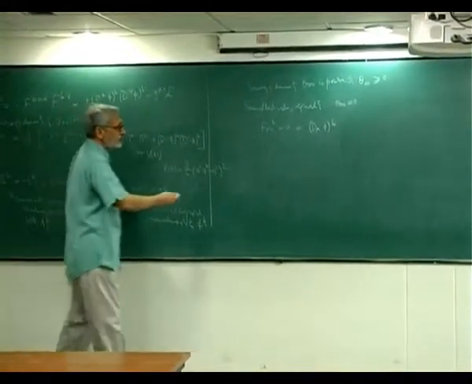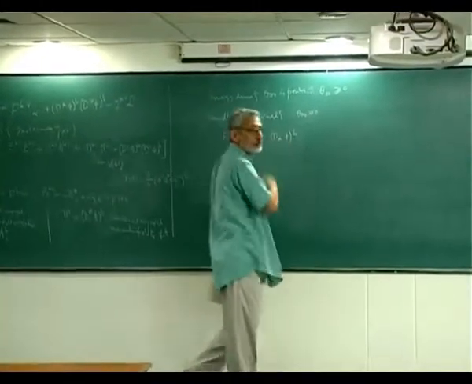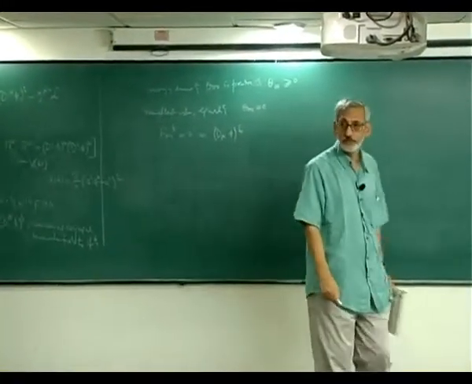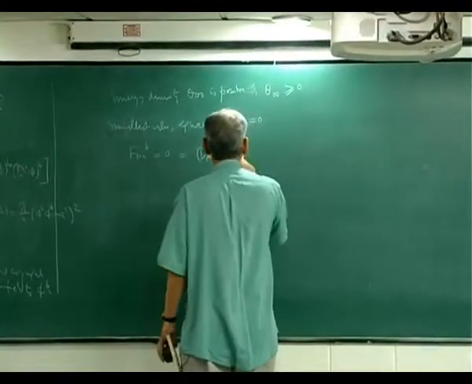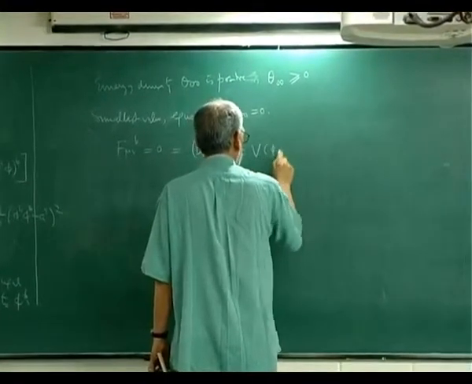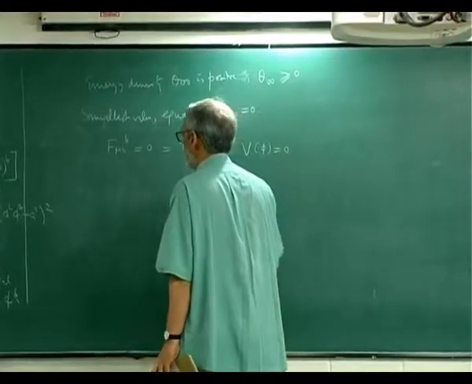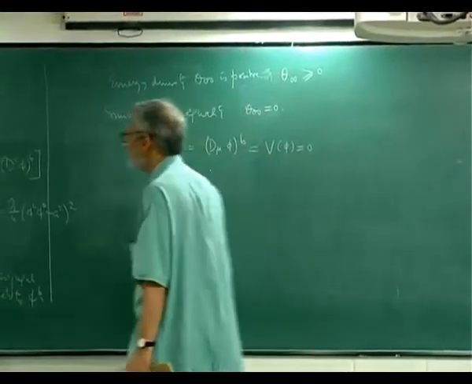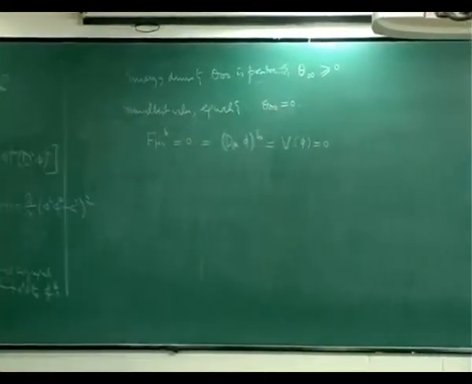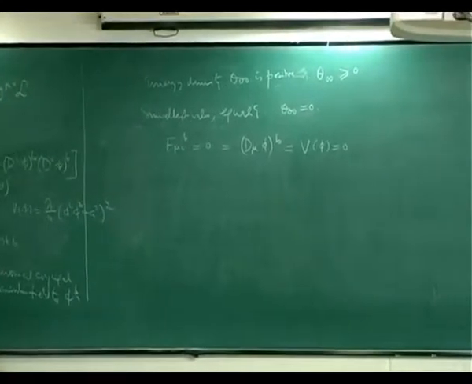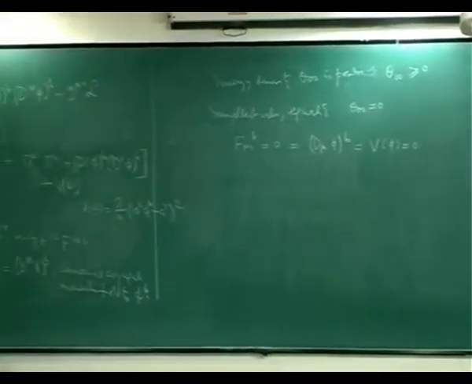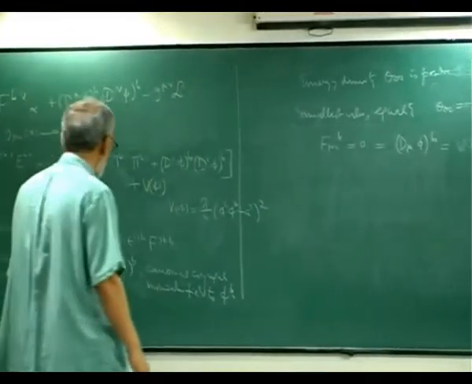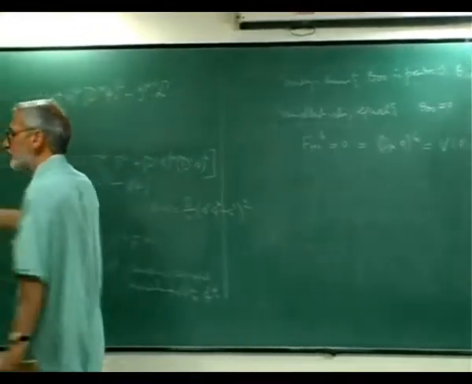So both of them are 0, so that means D_mu phi is 0. And also V(phi) is 0. And for such configurations, theta 0 0 is 0. So these give us the minimum of the Hamiltonian density.